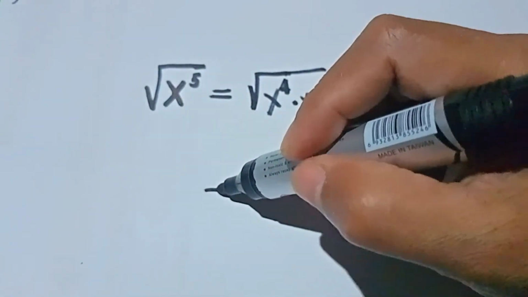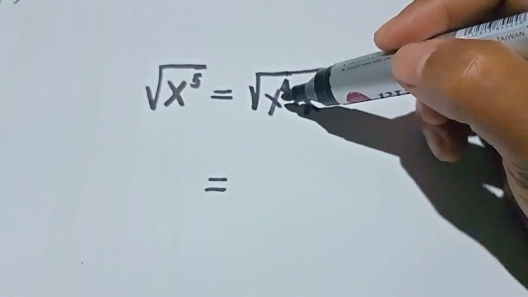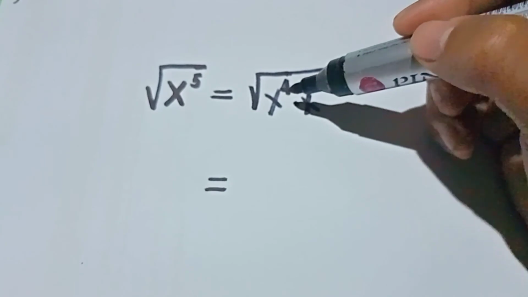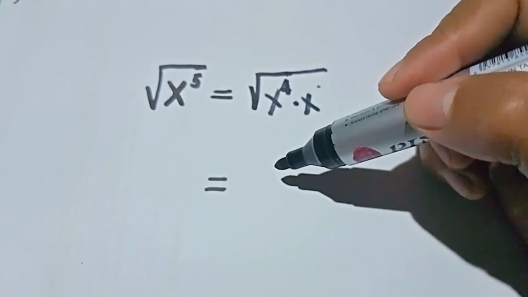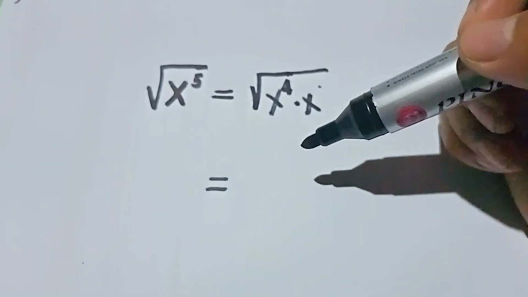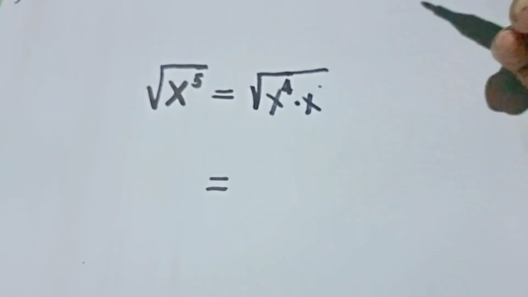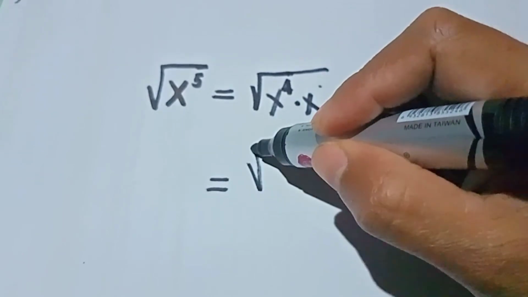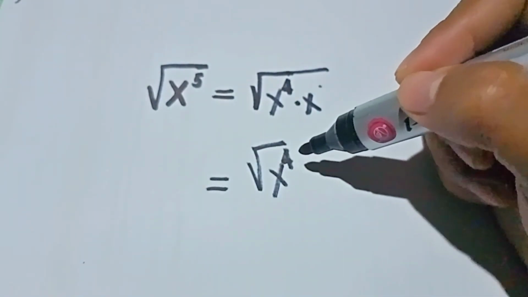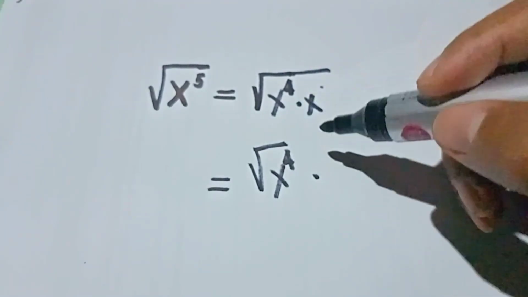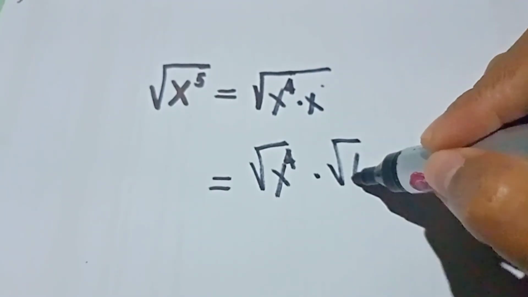Now, kasi meron na tayong perfect square, ang gagawin na naman natin ngayon ay paghihiwalayin natin ang perfect square at ang hindi perfect square sa radical. So, ang ating perfect square ay square root of x raised to 4 times square root of x.